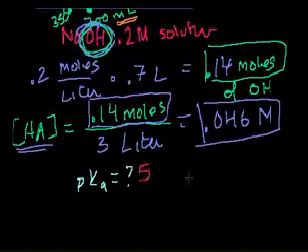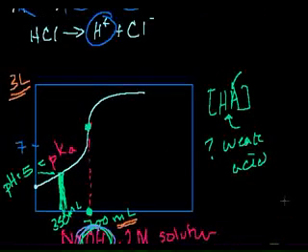The pKa is equal to 5. So with this titration curve, I'm just showing you how experimentally you can take some mystery acid or base, add strong acid or base to it, plot out this curve, and then pinpoint some of the properties, like the concentration of your original acid or base. And only if you're dealing with a weak acid or base, you can figure out its equilibrium constant.